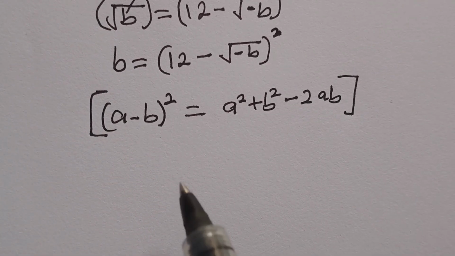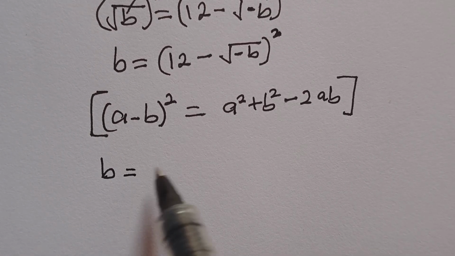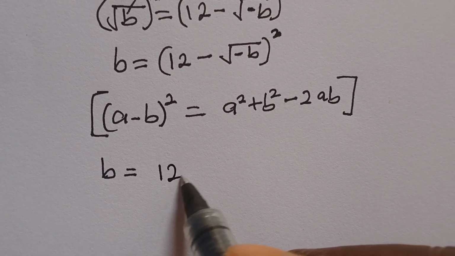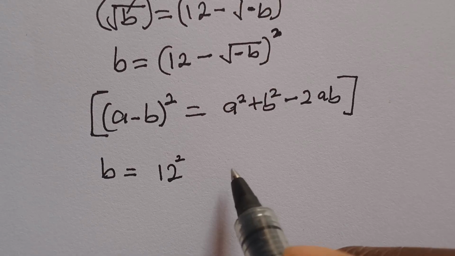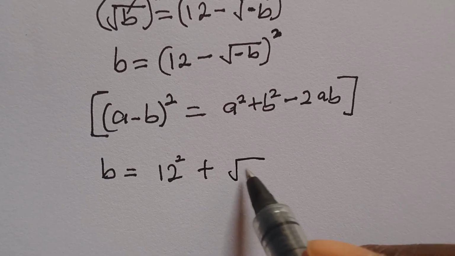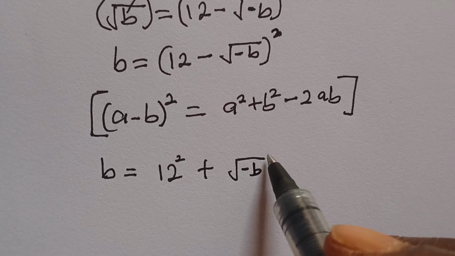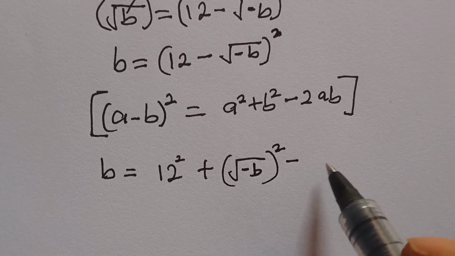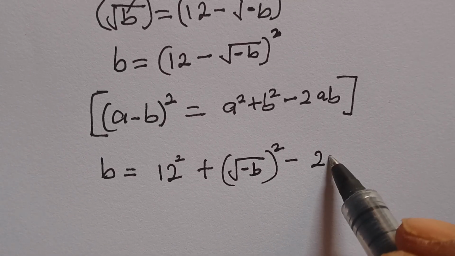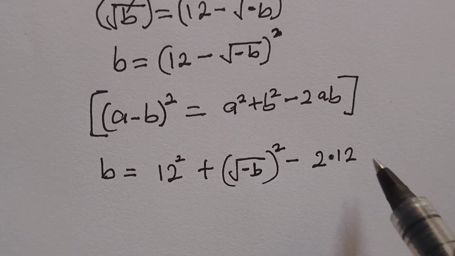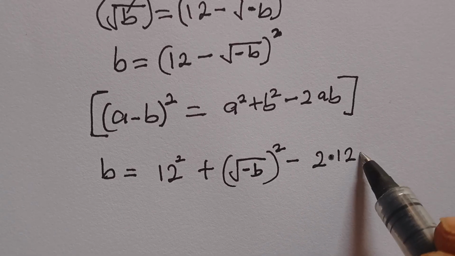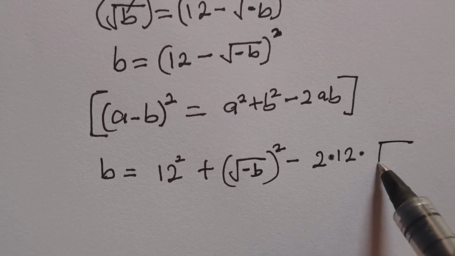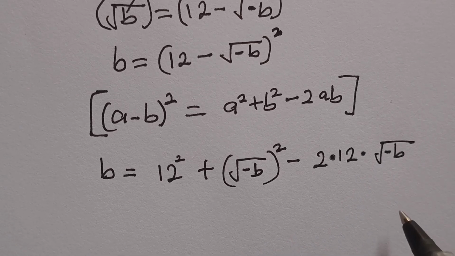I will now have b equal to 12 squared plus the square root of minus b, everything squared, minus 2 times 12 multiplied by the square root of minus b.